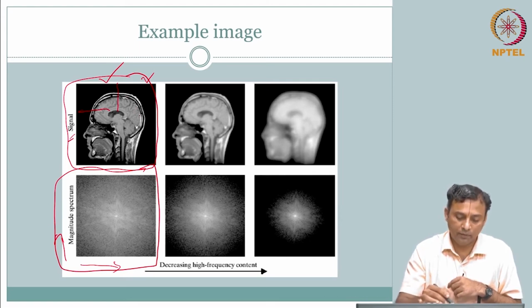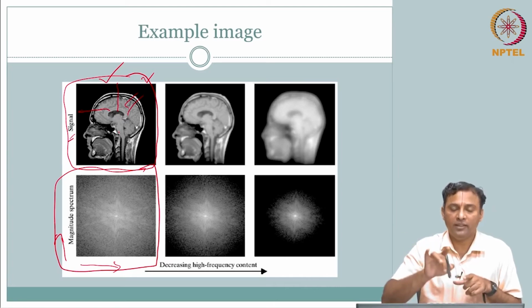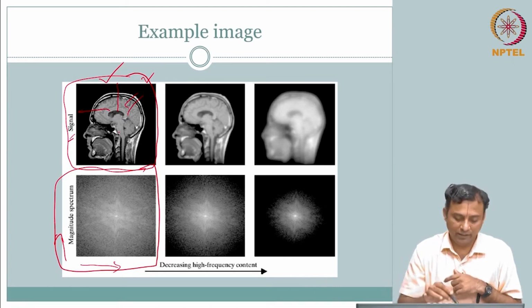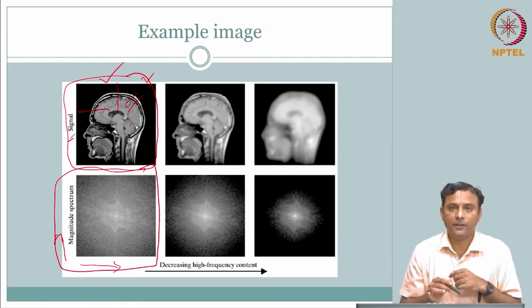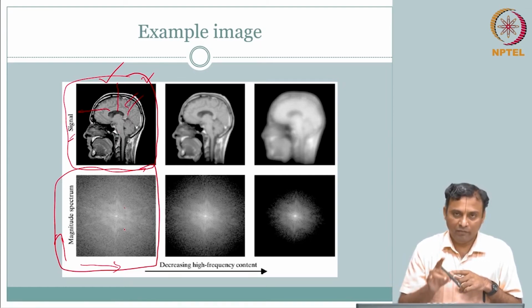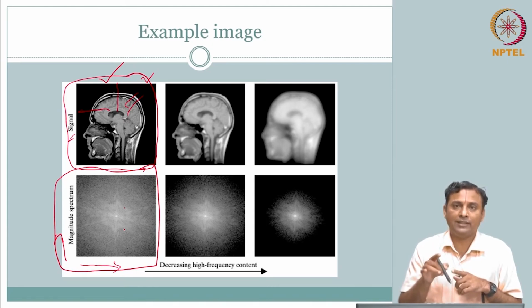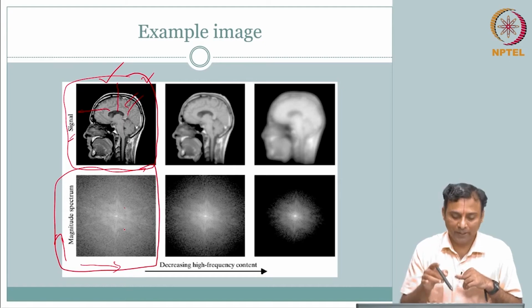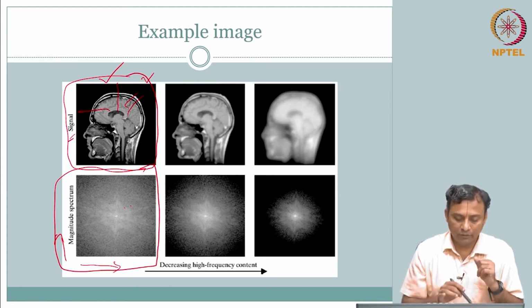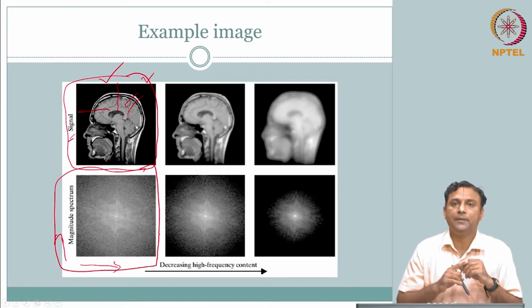Here, for example, this goes from horizontal to vertical, so you see so many angles. There is some frequency in the u direction, some frequency in the v direction, so some other point u comma v. Remember, we also saw an example of u and v both being non-zero, which means you have both the frequencies. That is how this plane is populated.